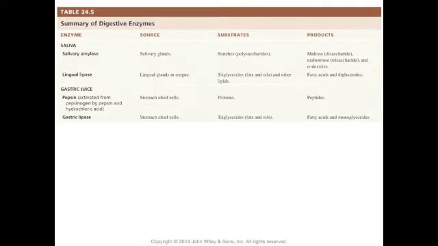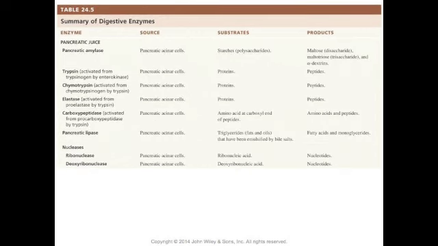And in this next slide, we're looking at table 24.5, which appears on page 982. And this is a summary of digestive enzymes, so please review this on your own time. And this next slide is also a continuation of table 24.5.